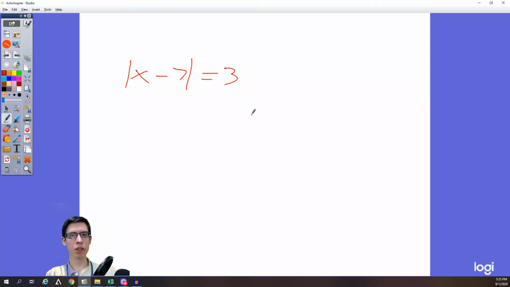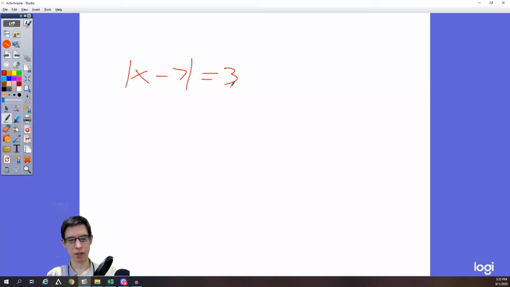Now, we're going to treat absolute values for today's lesson as though they function as a set of parentheses. That is, they wrap everything around them in a bubble of absolute value. And whatever this thing on the left is, I'm going to absolute value it, and I'm going to get a positive 3 answer.